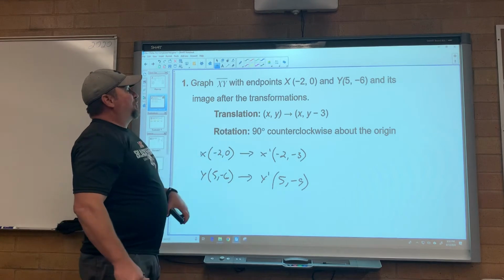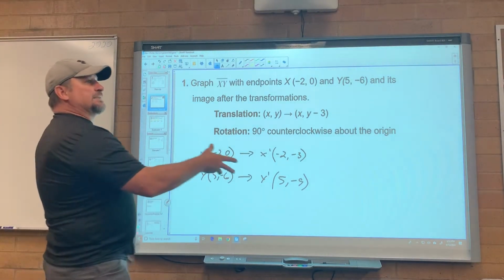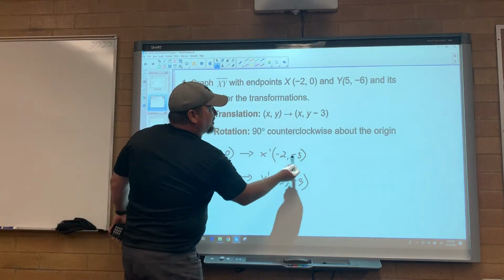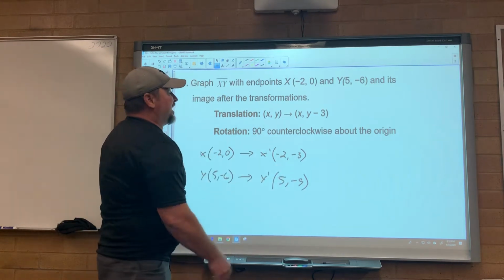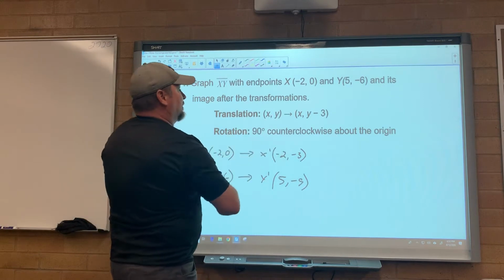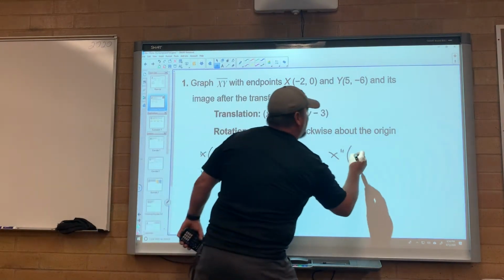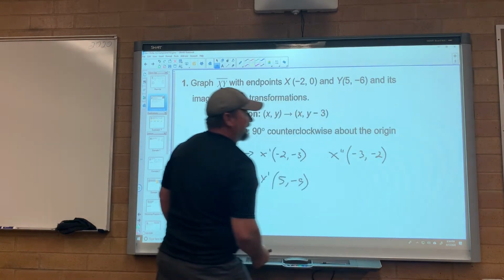Now they want us to rotate it 90 degrees counterclockwise. If you remember, counterclockwise is left. So if you remember, we switch the 2 ordered pairs. So we switch the 2 numbers, and then we change our new x because that's the way you're turning it. So x double asterisk will be -3, -2. That's switched.